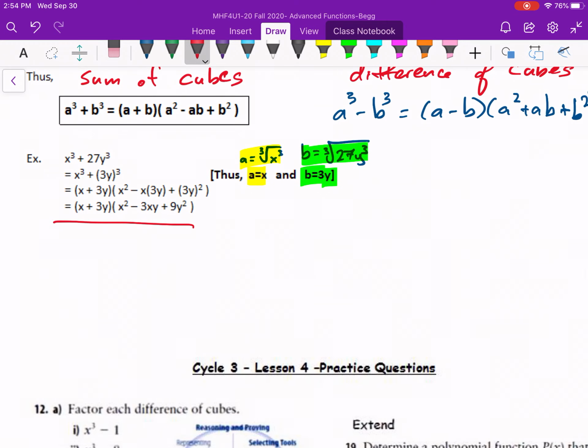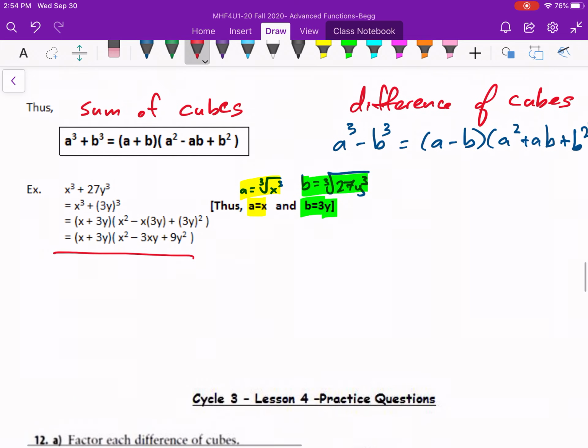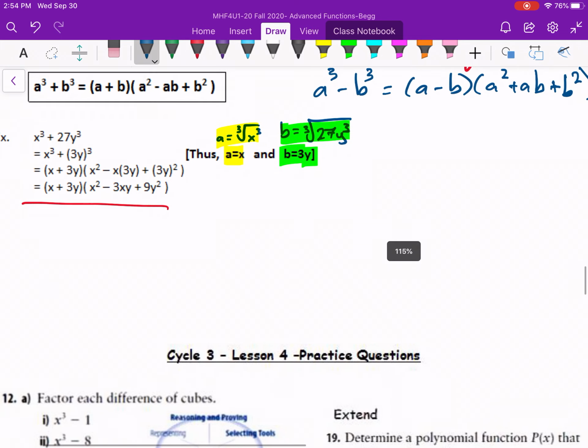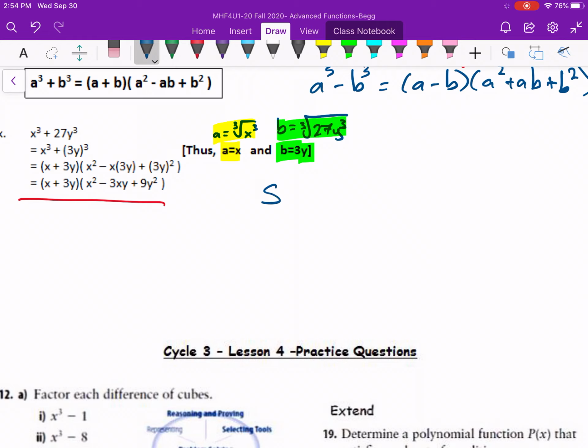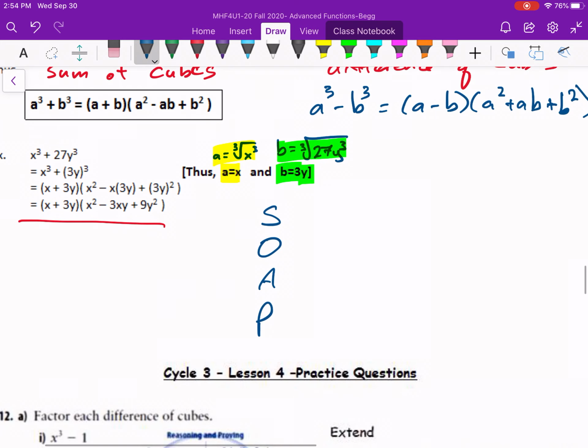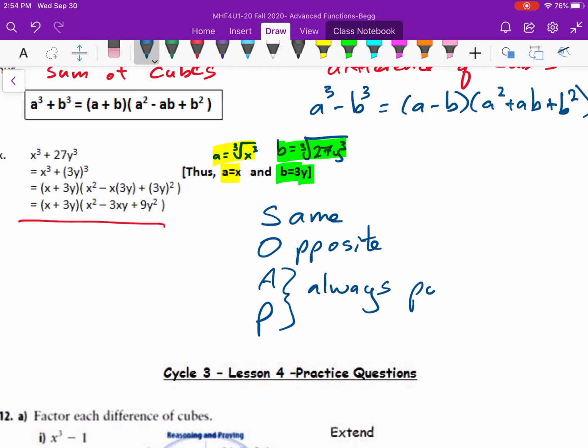The last thing I just want to tell you about sums and differences of cubes is an acronym to help us remember the formulas. If you remember the acronym SOAP, that'll make it easy. So to do with the signs, they say same, opposite, and always positive.